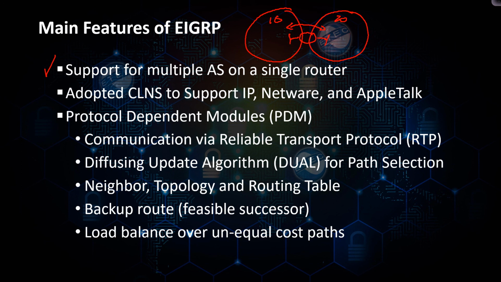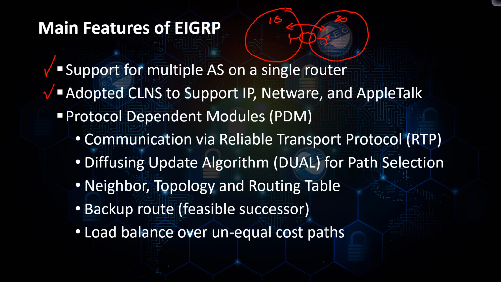Redistribution allows all networks from Autonomous System 10 to be sent over to Autonomous System 20 and vice versa. We will cover redistribution in video segment 2, the advanced configuration of EIGRP.